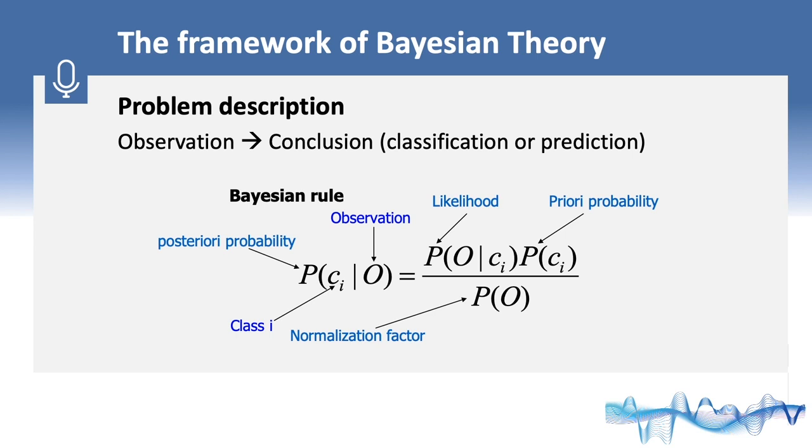The likelihood is the conditional probability of the observation when knowing the classification. If the probability of an observation is larger than the threshold, the observation is classified into the class Ci.